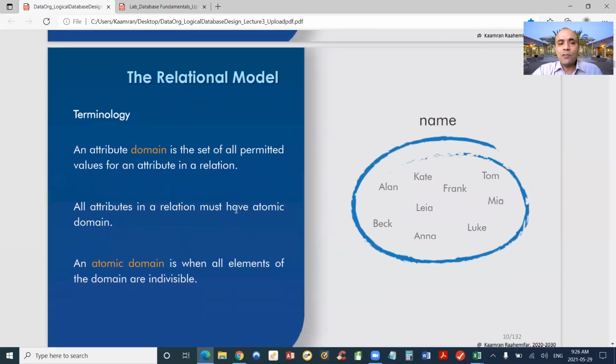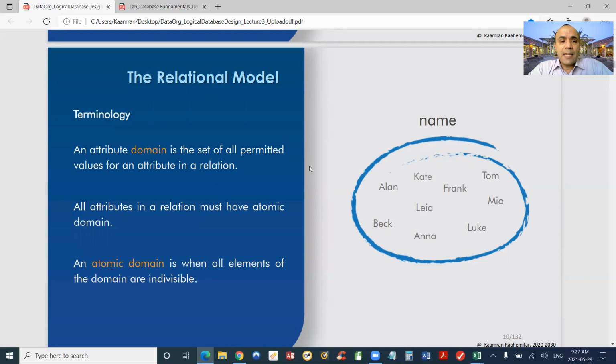An attribute domain is the set of all permissible values. When we talk about first name, I might be wrong, but I don't think there is a name on this planet called Jupiter as a human being, or Mars, or Pluto, or Sun. Those are dedicated to planets.